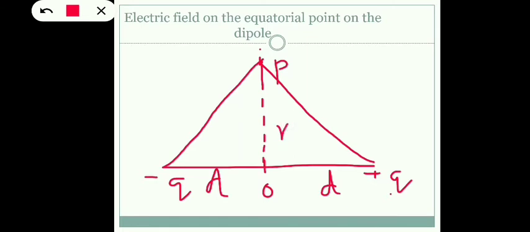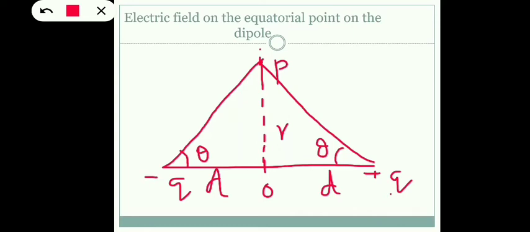Okay. And here an angle is formed. Let this angle be theta. Here also let this angle be theta. So the point P is lying in the electric field generated by the minus q charge as well as the plus q charge.